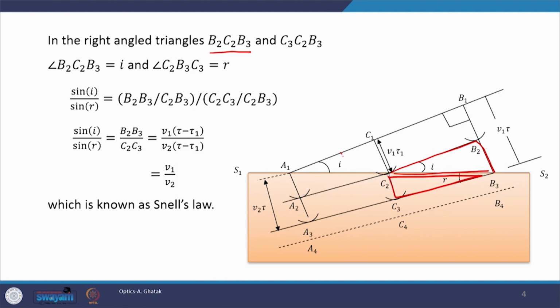This is the wavefront which is moving in this direction, and then after refraction it got a bit tilted and is travelling in this particular direction. We picked some random point C1 on the incoming wavefront, and we assume that it took tau 1 time to reach point C2, and therefore C1 C2 would be equal to V1 into tau 1.